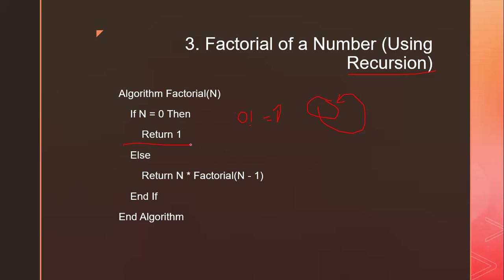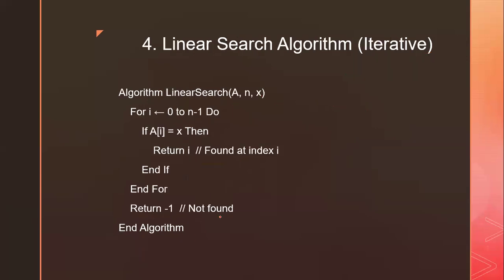However, if it is not 0, then we return n multiplied by factorial of n minus 1. You've seen how we are recursively calling this factorial function within the return statement. This is a concept known as recursion in programming. So we end our if statement, and then we end our algorithm.